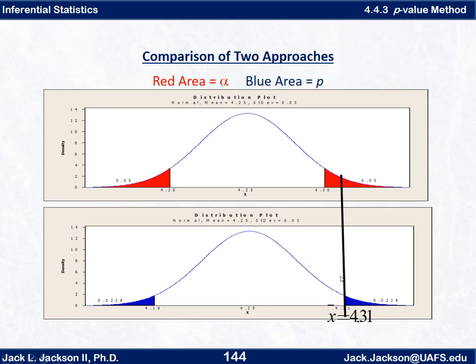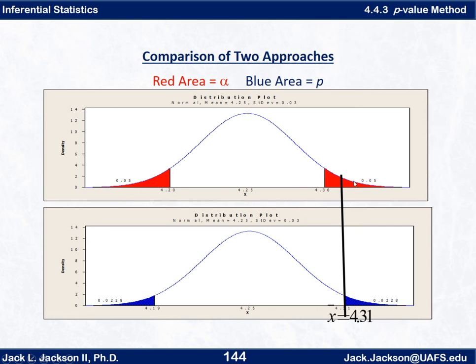Now notice that what we're doing is we're comparing the p-value, which is this blue area, to the alpha value, which is the red area up here. So in the classical test statistic approach, we found the boundaries of the red region.